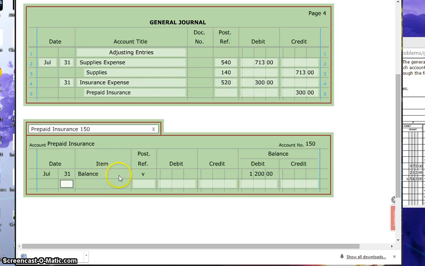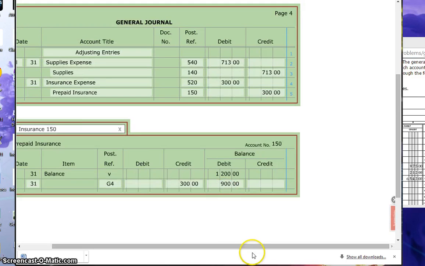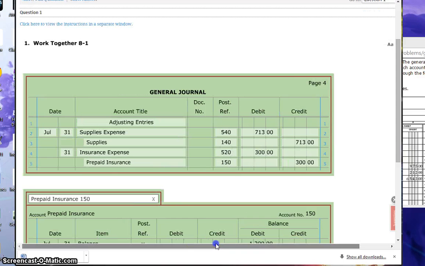Again, we already have a balance that's showing here, so we're just going to post this one, the 31st. G4. We have a credit of 300. Prepaid insurance we know is an asset. It has a normal debit balance, so we're going to take the 1200 debit, subtract the credit, and we're left with a balance of 900. Take the 150 and plug it in, and then hit your save and continue at the bottom, and you are finished with 8-1 Work Together.